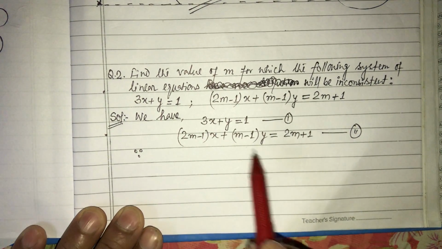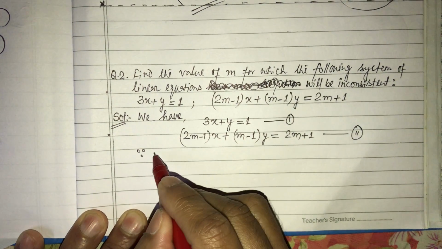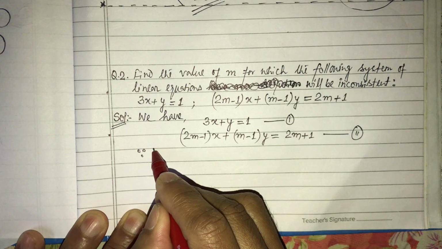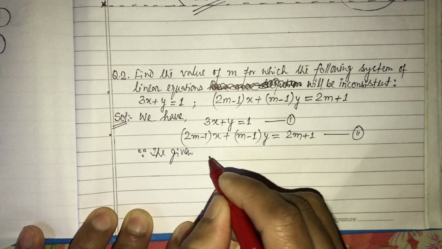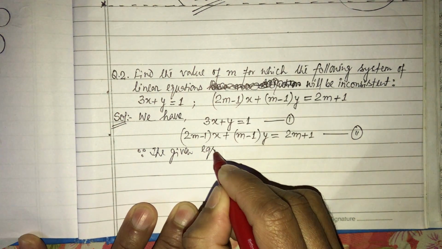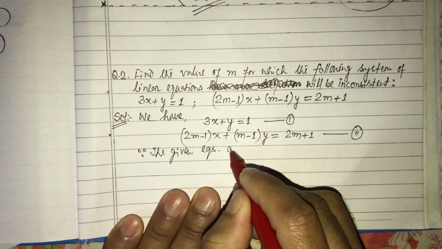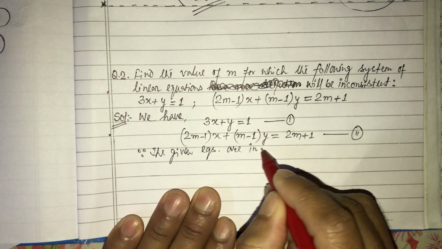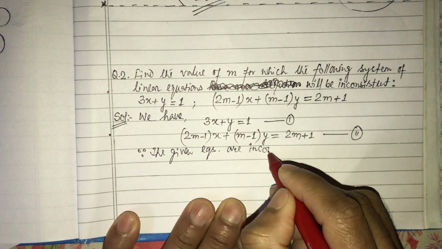Now we will keep the condition: since the given equations are inconsistent. We'll give this condition, equations are inconsistent.